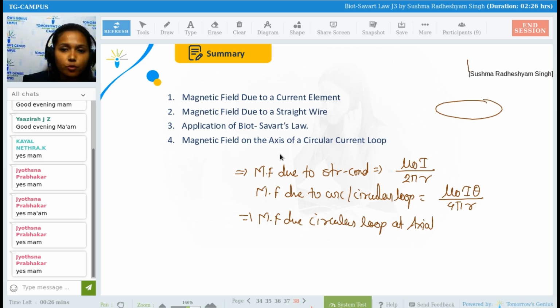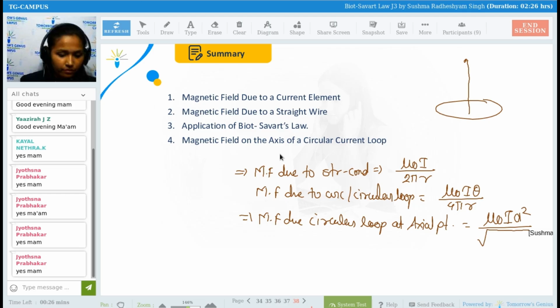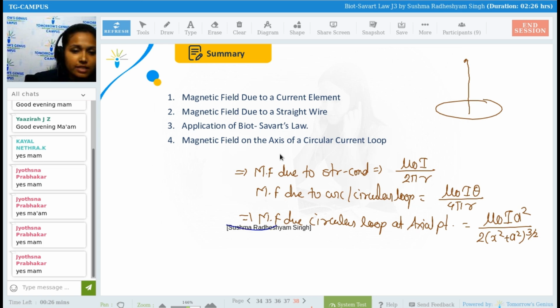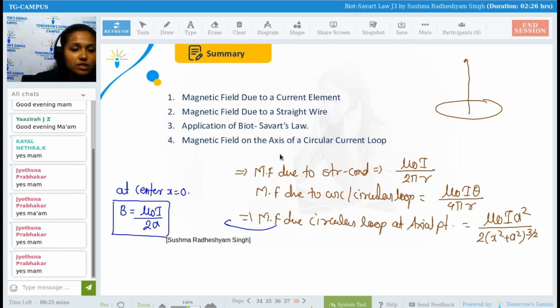Axial point means this is a circular loop and this point is called your axial point. The formula is mu naught I a square divided by 2 times (x square plus a square) raised to power 3 by 2. And in a similar manner at the center, your x will be 0, so your magnetic field is mu I over 2a. This formula is very important for competitive exams. Clear this point?